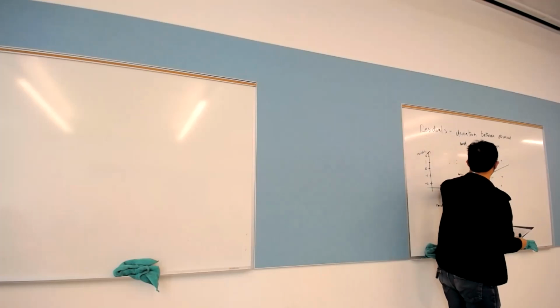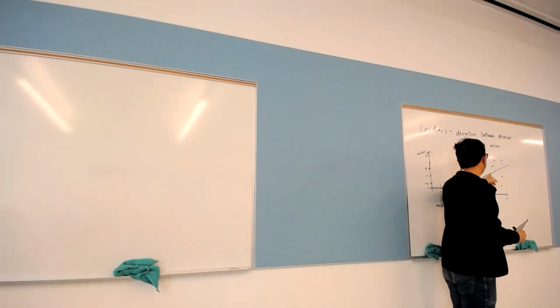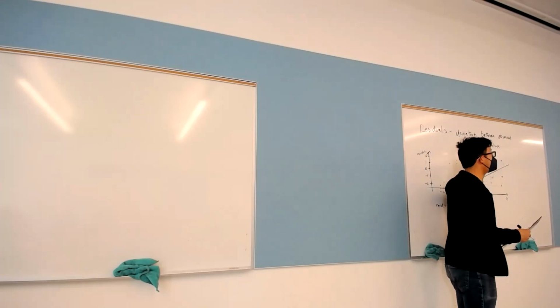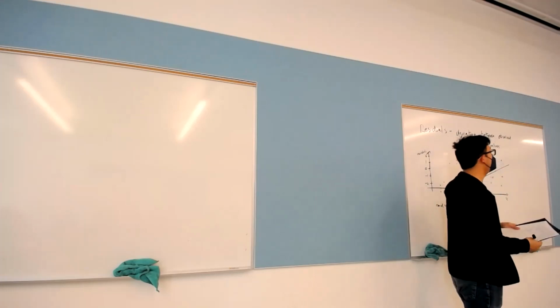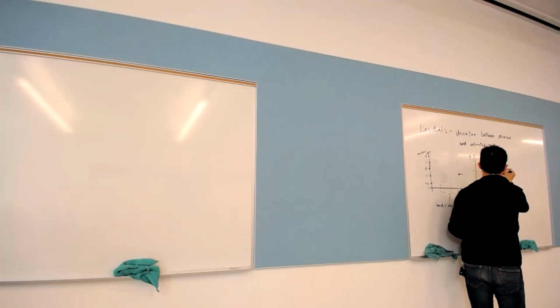I'm still making mistakes. So when you choose your ABCD points, it should be corresponding to the point on the line, not the point against the actual observed. So this would be here, here, here, here, and here.